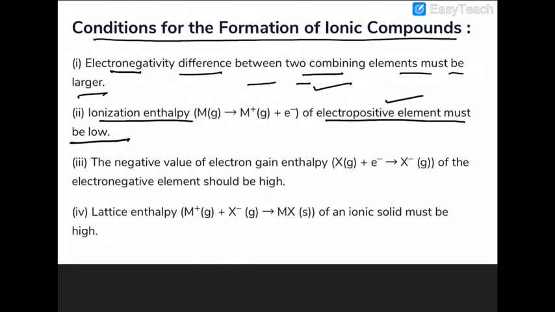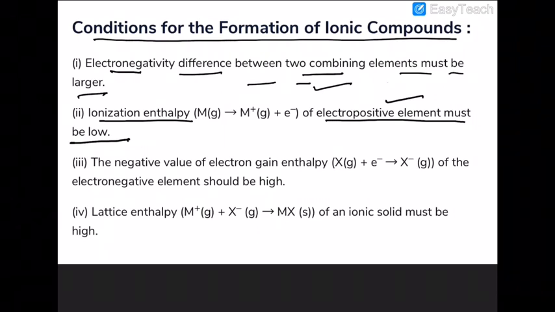Elements like sodium and potassium are metals with low ionization enthalpy. But iron, cobalt or nickel have very large ionization enthalpy.